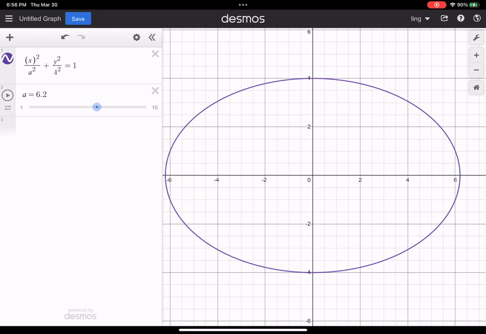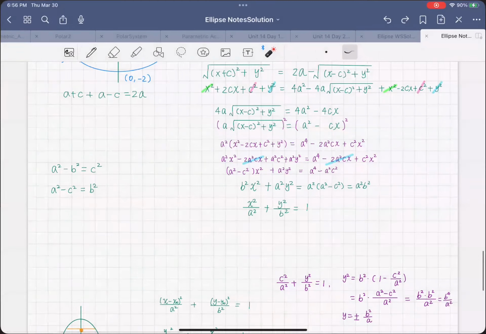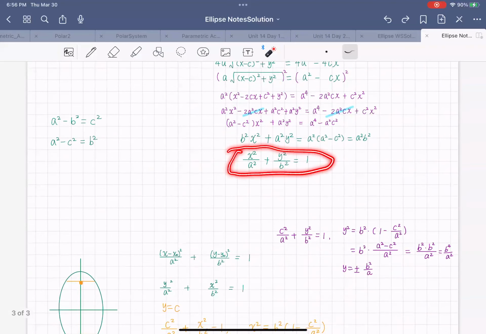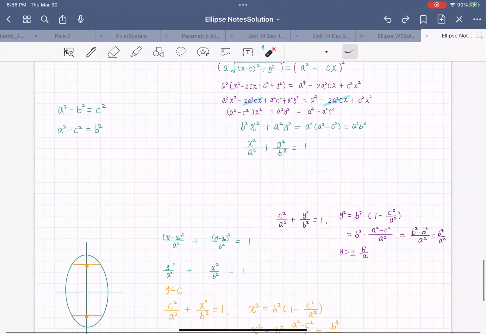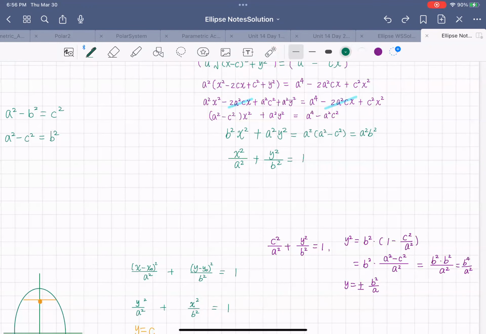Okay. Now we come back to the equation. This is the standard equation for an ellipse. What will happen if the ellipse center is not at 0, 0? You will do a shift. You call your ellipse center (x0, y0).